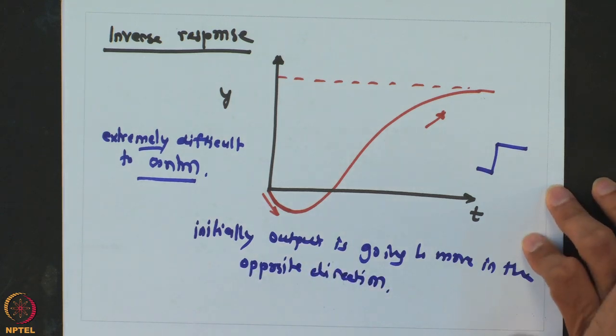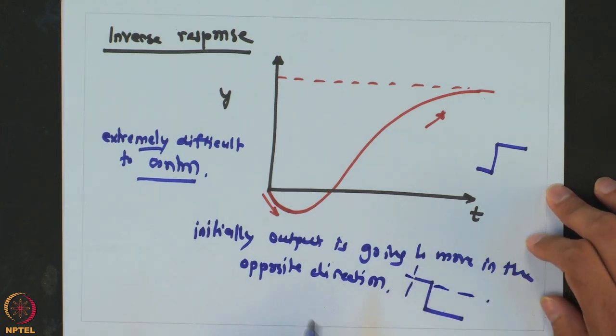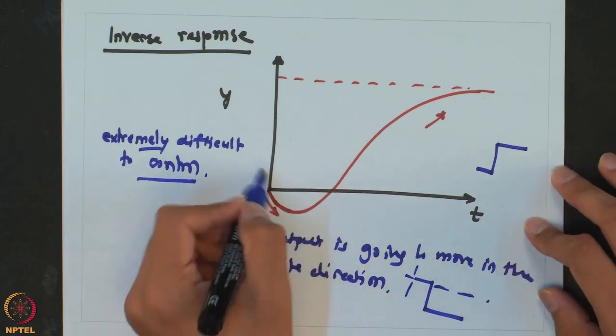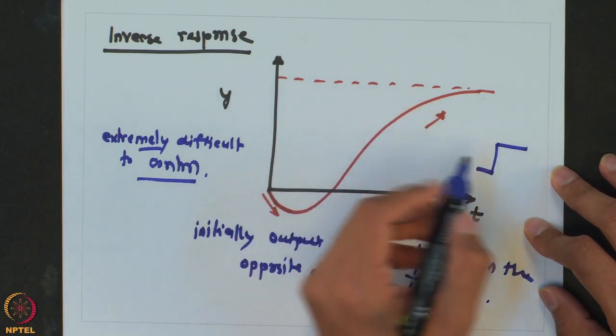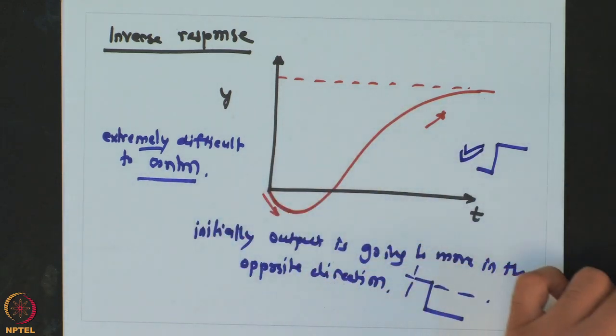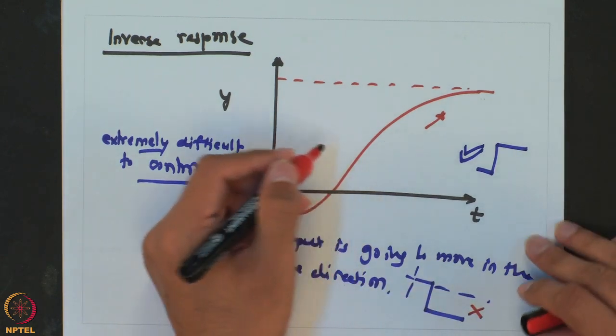So, the controller is going to think that it has made an exactly wrong move or exactly opposite move. So, the controller is going to make a reverse move in that case, which is wrong, because for this particular system the correct input is an increase in the input, but if the controller makes an opposite move, it is not going to be able to get this particular type of response.